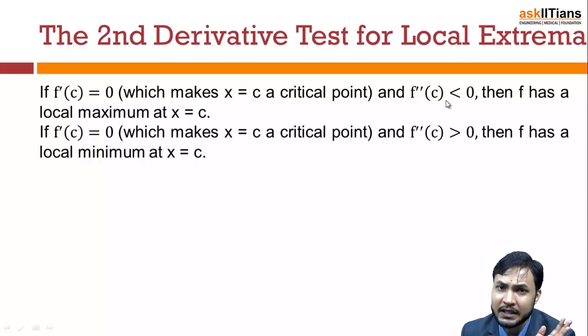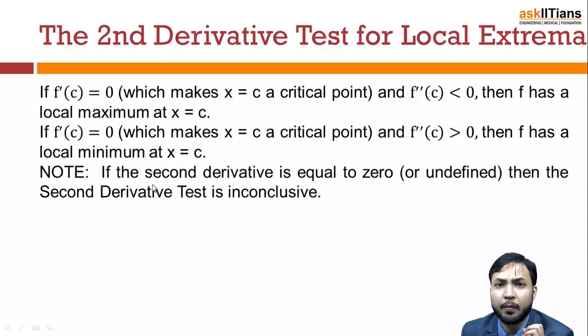If it is less than 0, then the function achieves a local maxima at that critical point x equals c. Inversely, if my second derivative is greater than 0, then at x equals c, I get my local minima.